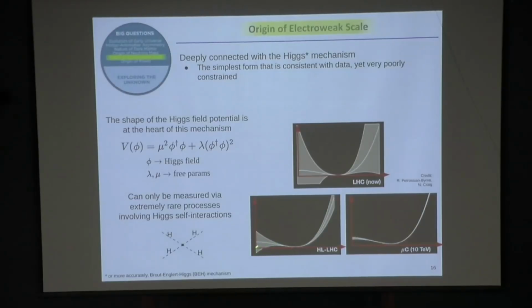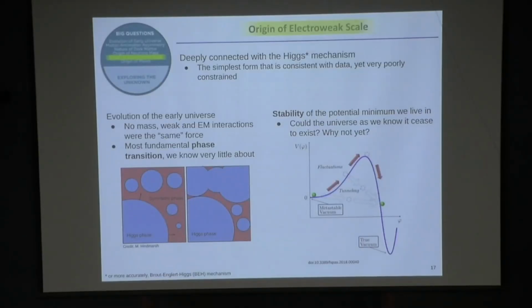Crucially, we don't even know where it will cross zero, and we have no idea if some other minima can be developed. And so this is where a higher energy collider like a Muon collider can excel in measuring this potential. And if that wasn't enough, this is connected to very profound questions about how the electromagnetic and weak forces came together and split apart to manifest differently.